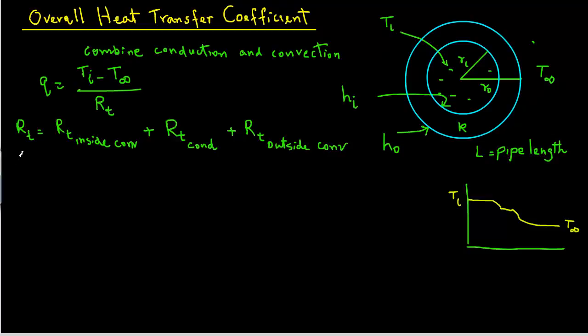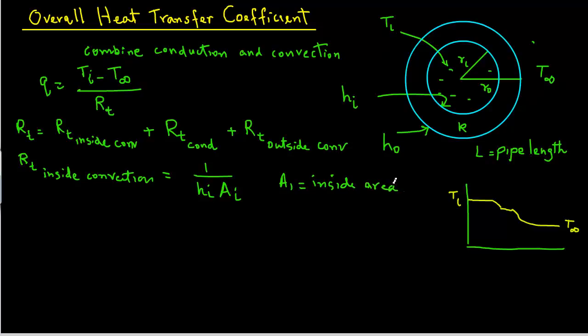So now we will write individual expressions for these various thermal resistances. RT for inside convection will equal 1 over HiAi. You may need to look at the previous module on convective resistance to find how we determine this expression.